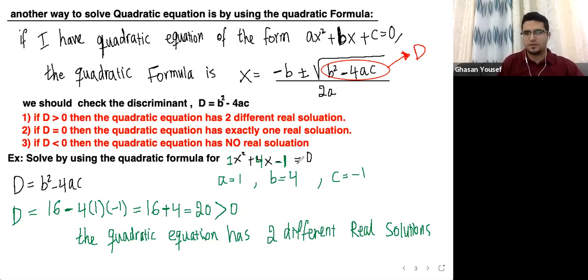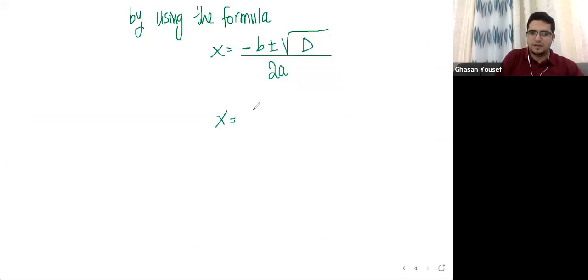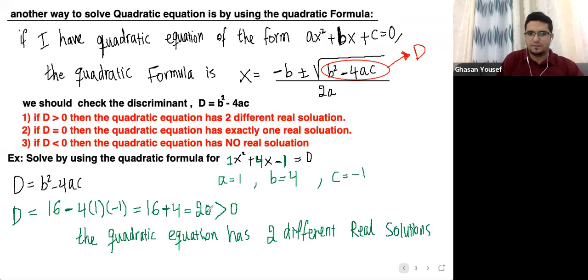B is 4. So the minus b is minus 4, exactly. So here I get minus 4 plus or minus the square root of D. What is D? It is 20. Or I can calculate it as b squared minus 4ac. The same thing here. So it is 20.